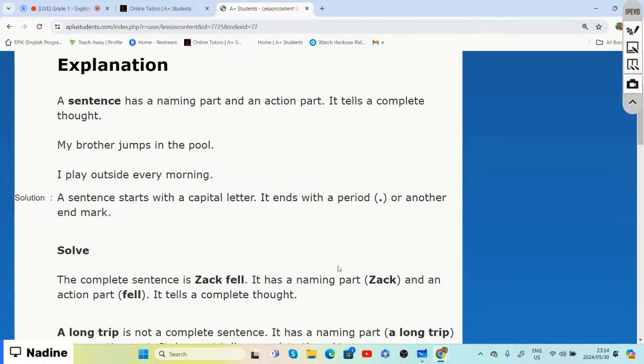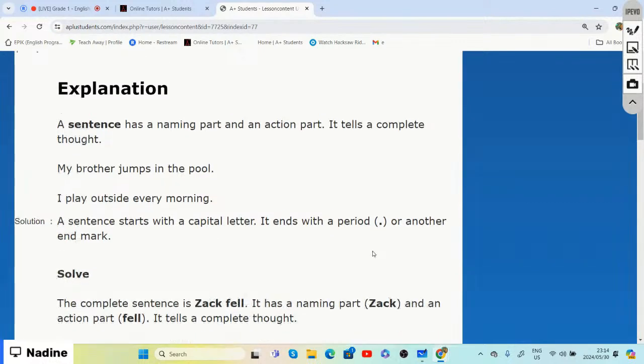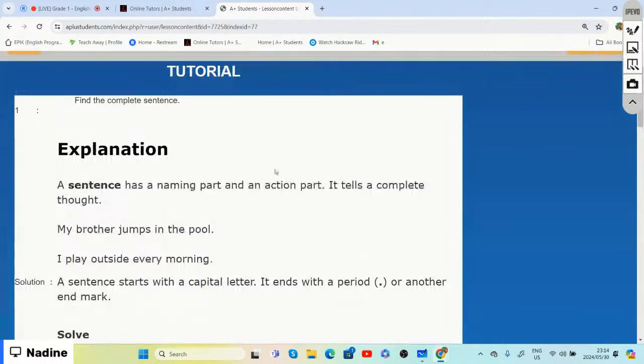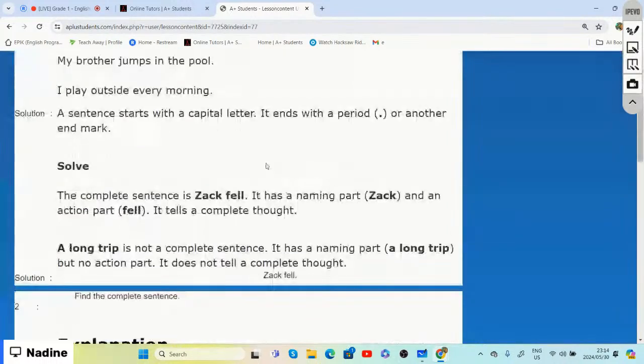All right, so now let's do a few activities where we need to find the complete sentences. So they're not giving us a complete sentence, but if we look at these sentences, it says the complete sentence is "Zach fell," and it has a naming part, Zach, and an action part, fell, right?